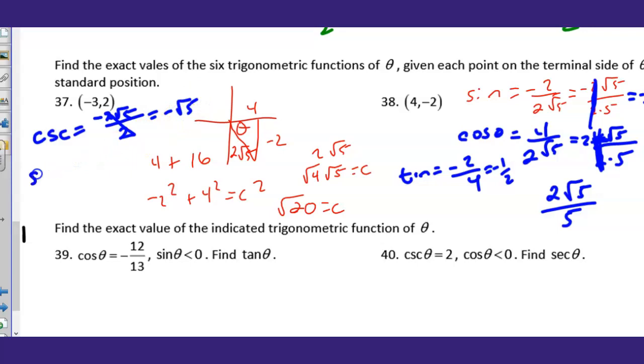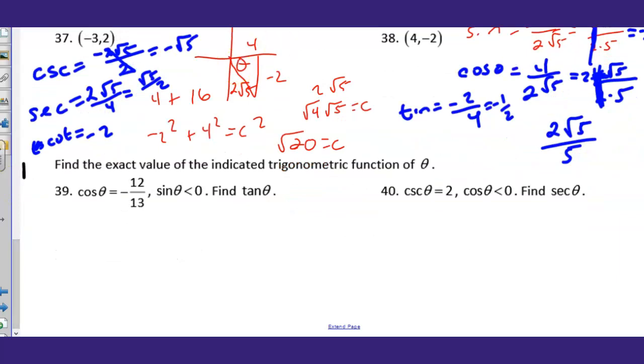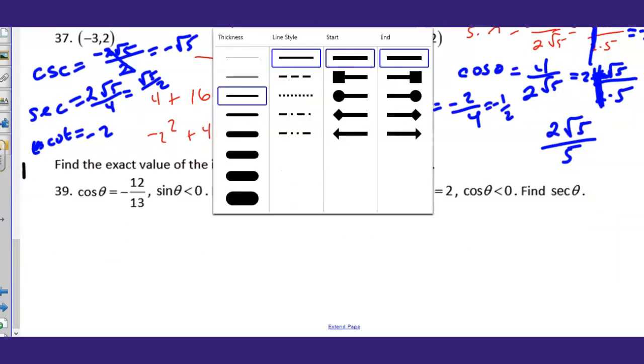Secant is the inverse of cosine, so I'll flip this one: 2 radical 5 over 4, which reduces, 2 over 4 is 1/2, so radical 5 over 2. And then cotangent is the inverse of tangent, which is negative 1/2, so negative 2. I know it's all over the place, I'm sorry, just running out of space and time.